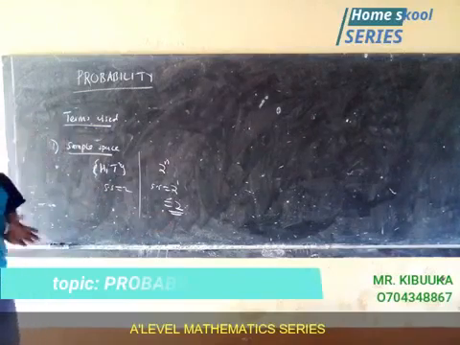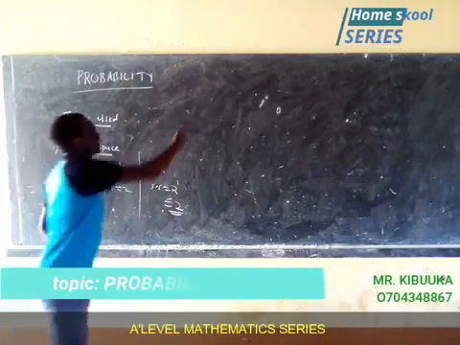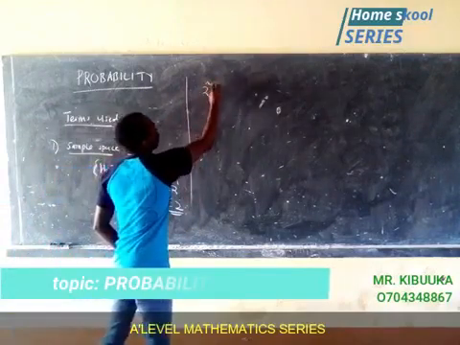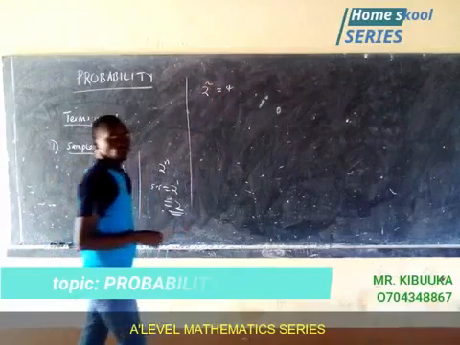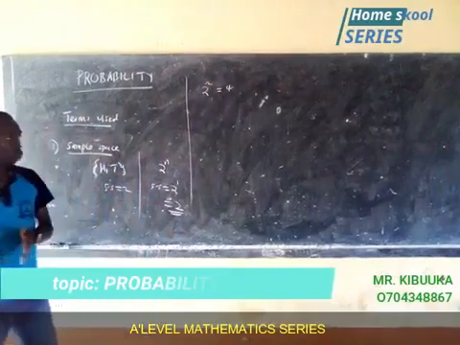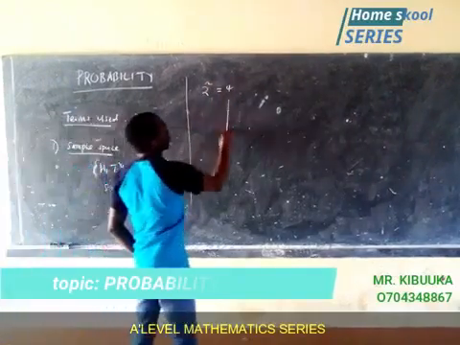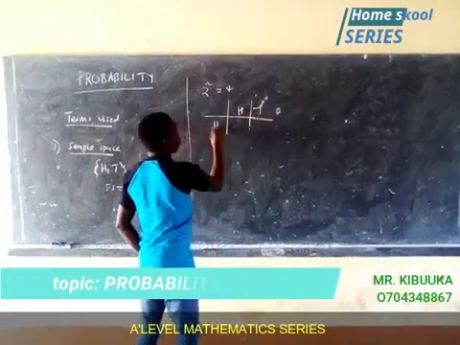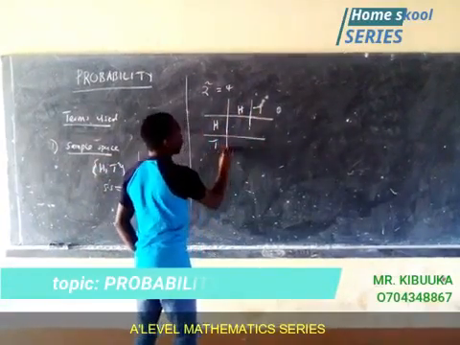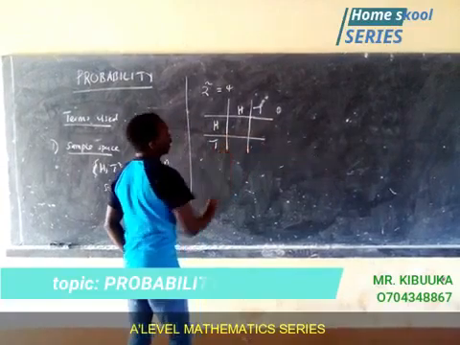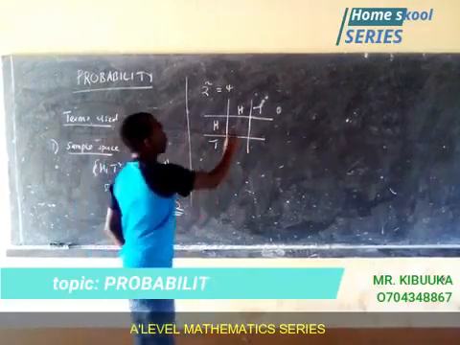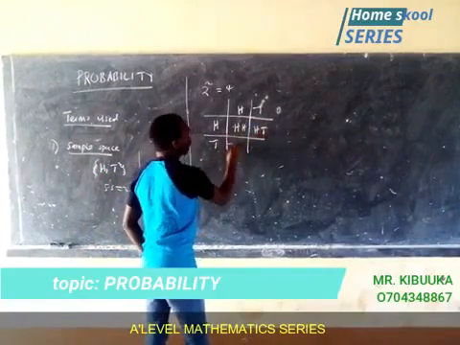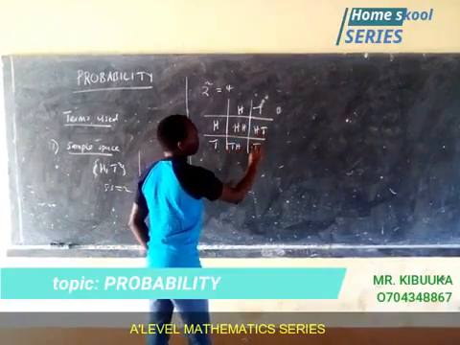And then a coin tossed 2 times, it implies in this case our n becomes 2, giving us 2 to the power 2, giving us 4. In this case, outcomes would be head head, head tail, tail head, and tail tail.